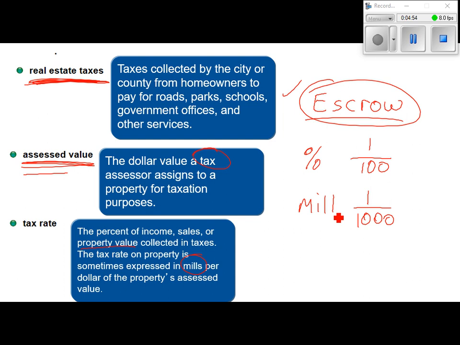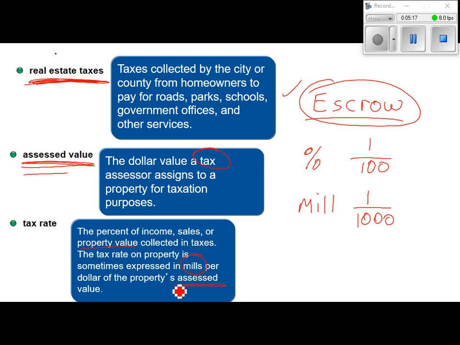And we'll talk about what to do with that. The way this is set up, your property is going to be assessed at a certain amount, and then there'll be a rate of that assessment. And we'll talk about those here in a second.